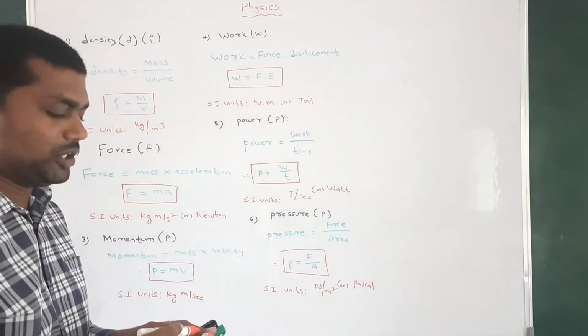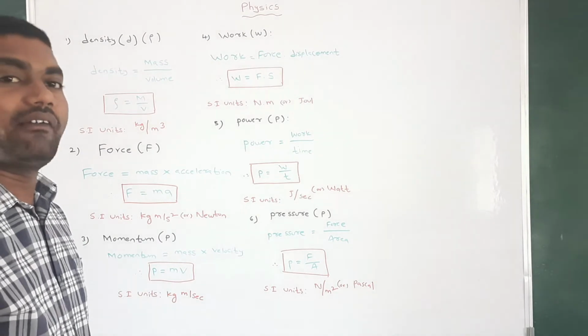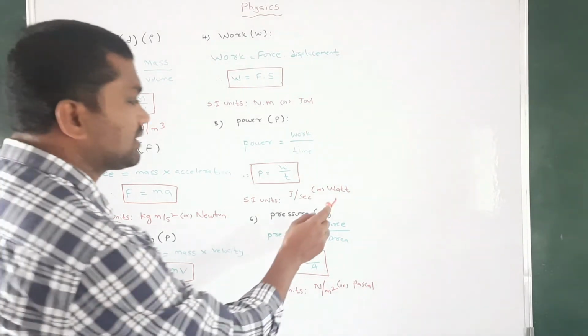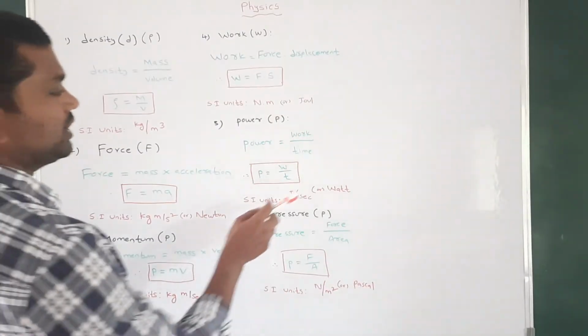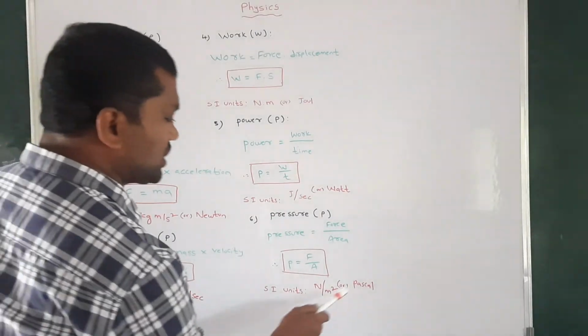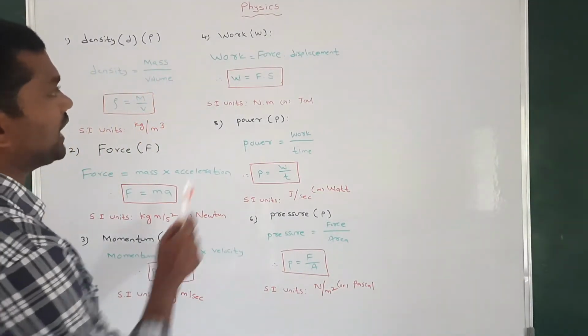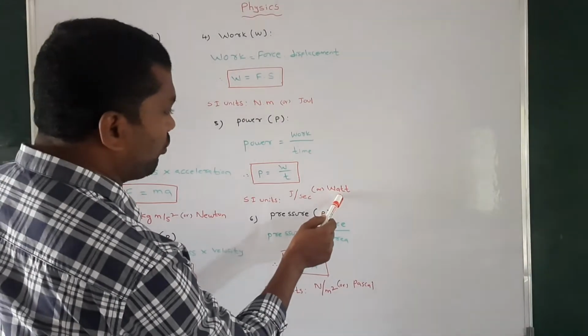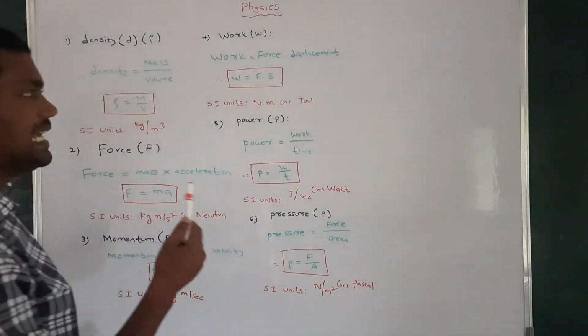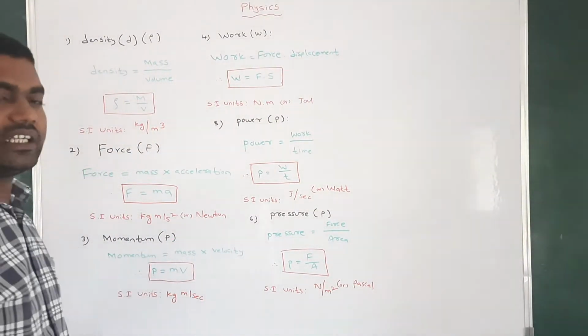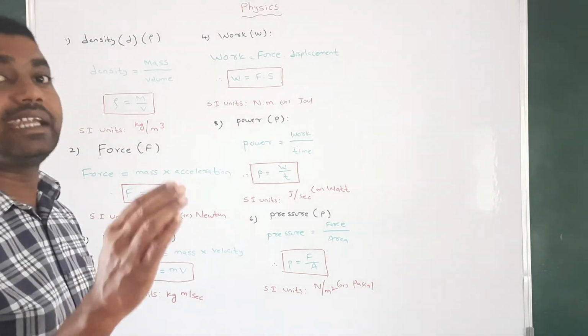The electric bills are measured in kilowatt hour, kWh. Watt is also a scientist's name. And next one, Pascal. So Newton, joule, watt and Pascal, these are all SI units that depend on scientists' names.